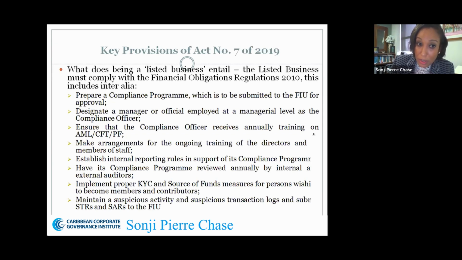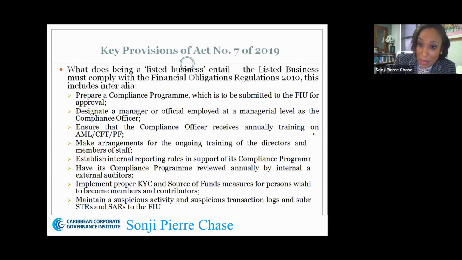I have to make sure that I have created a compliance program to manage or monitor my adherence to the Financial Intelligence Unit regulations. I have to recruit a compliance officer who ensures my adherence to the compliance program.